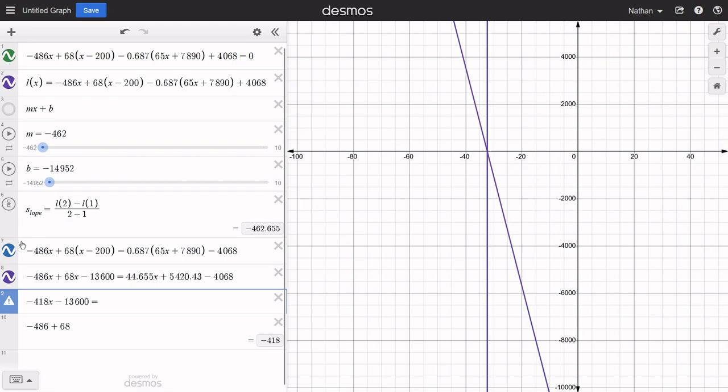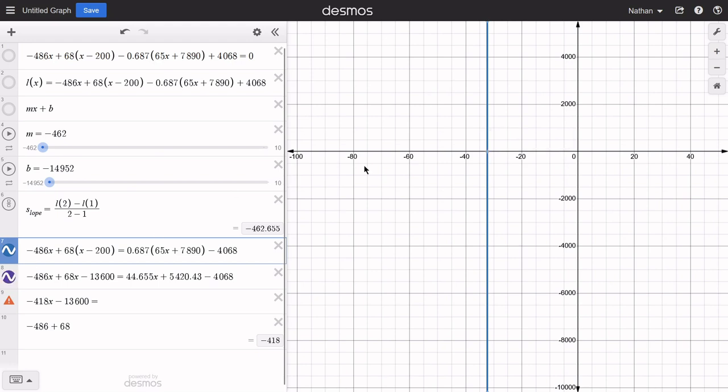I should also note here, I'm going to turn off these two here, that I know my equations are the exact same because these vertical lines are overlapping. As long as they overlap each other, then I haven't changed the equation. I haven't made a mistake in my algebra. So that's a great way to double check your work if you're doing this by hand.